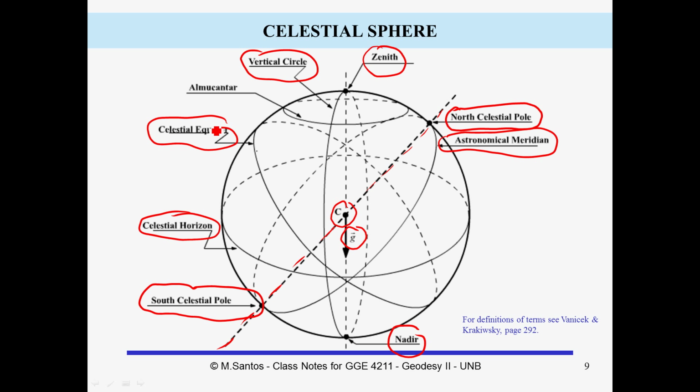So all these quantities are important, and there is another one that is useful, particularly in geodetic astronomy, which is a line of constant zenith, and that's called the Almucantar.